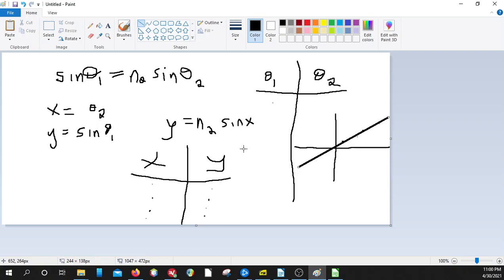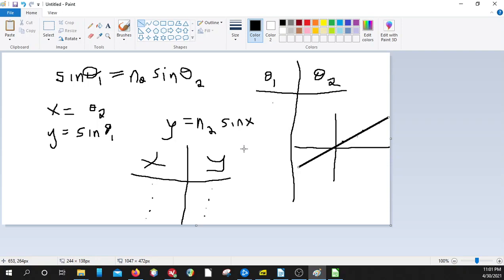But anyways, you also want to find the slope and possibly the intercept of that best fit line. Okay, you don't need the intercept. It should be 0. I'll give you that much. But you do need the slope, and that should give you the index of refraction, N2.